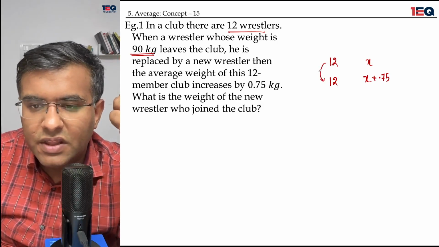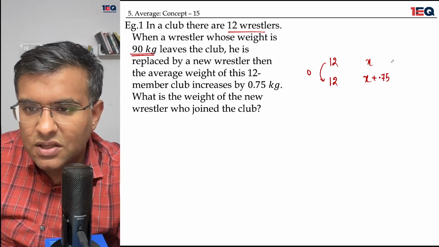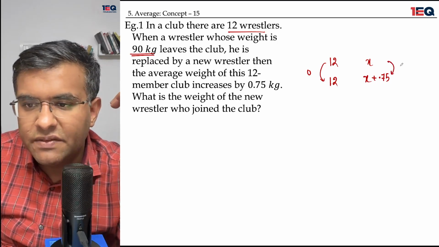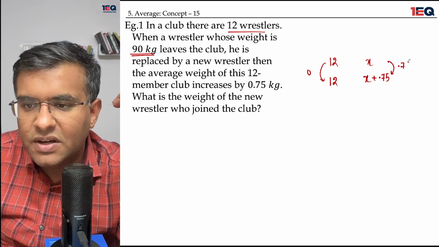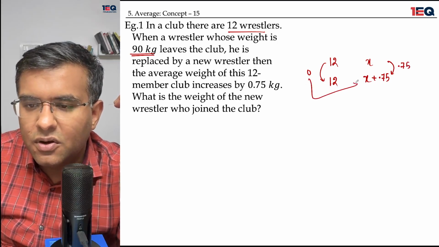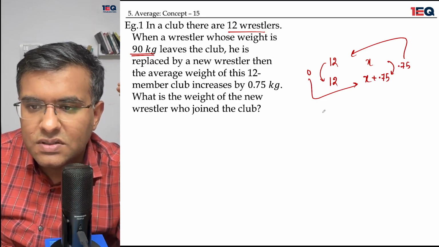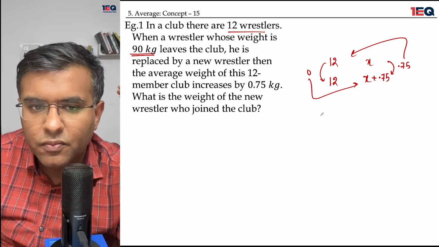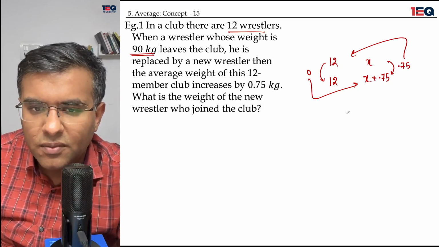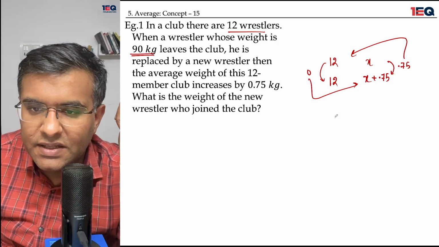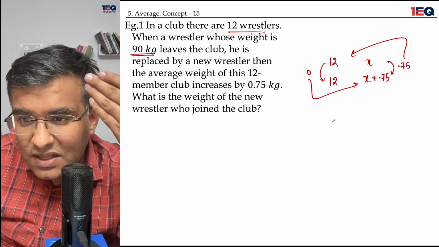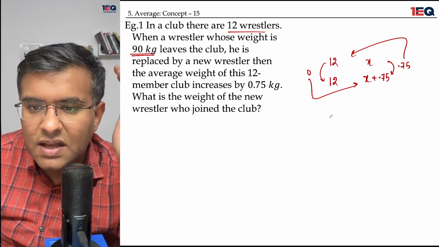So within 12 and 12 there is 0, and within x and x.75 we have an increase of 0.75. Let me do the cross. This cross is going to be equal to 90 kgs, and that too the person has left.